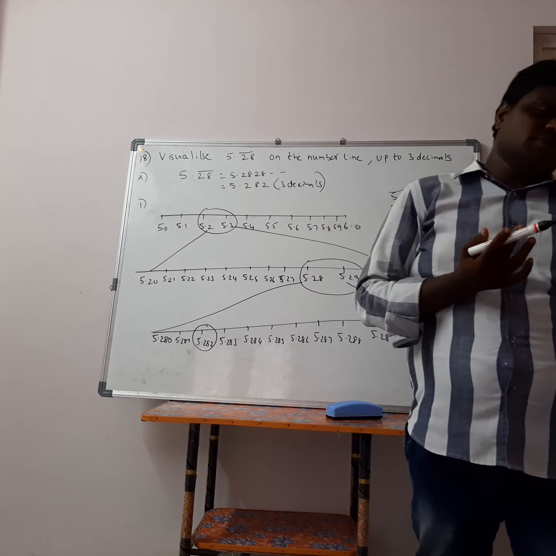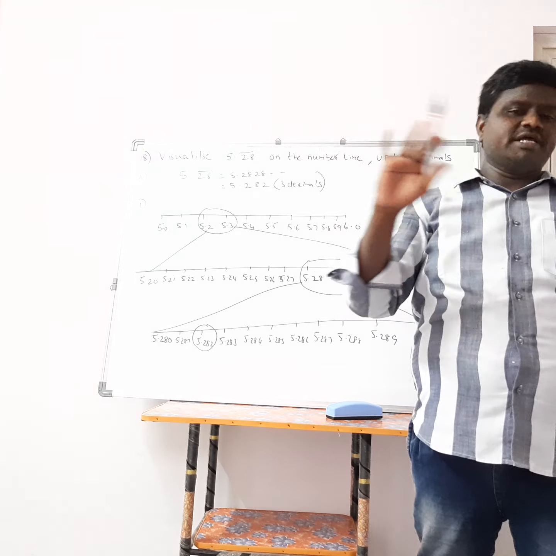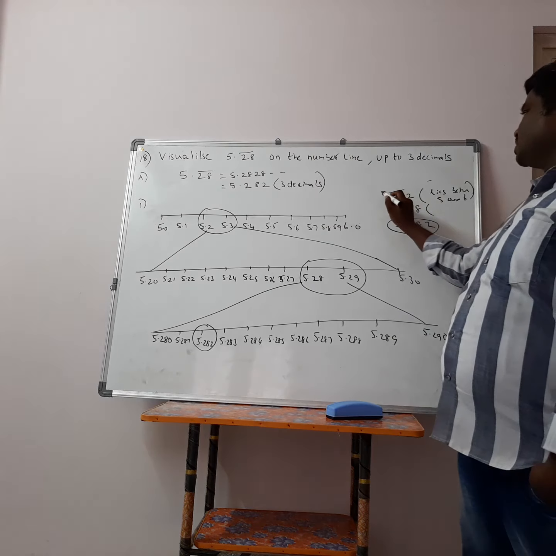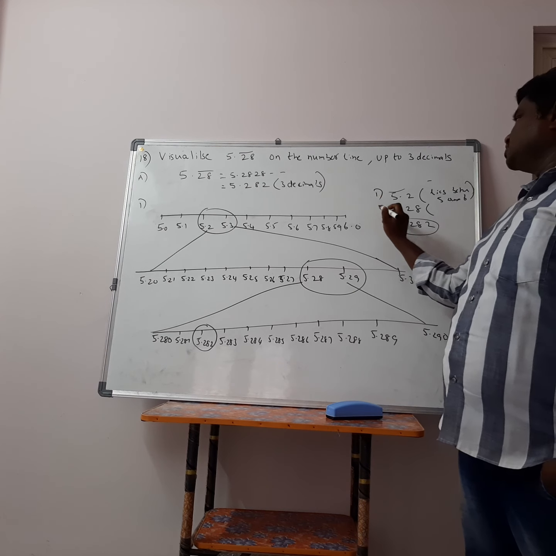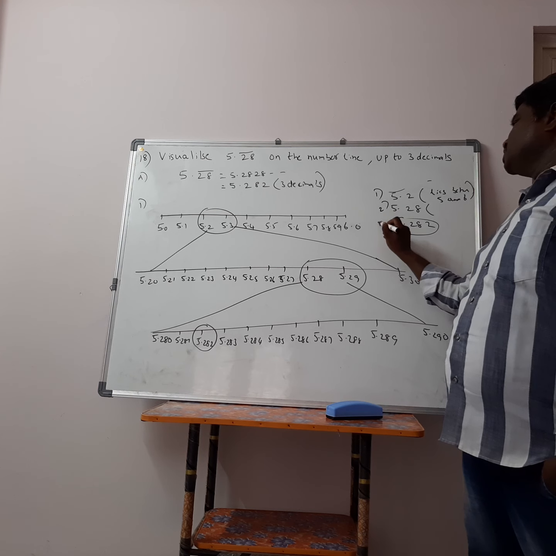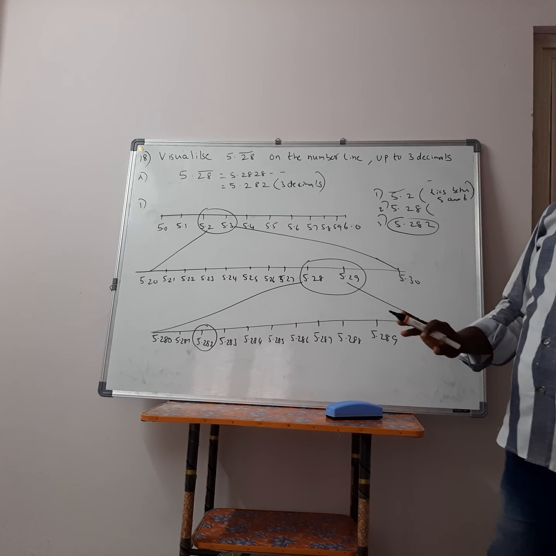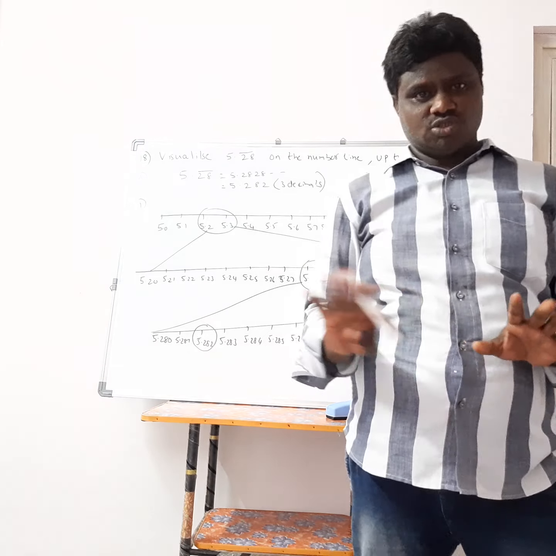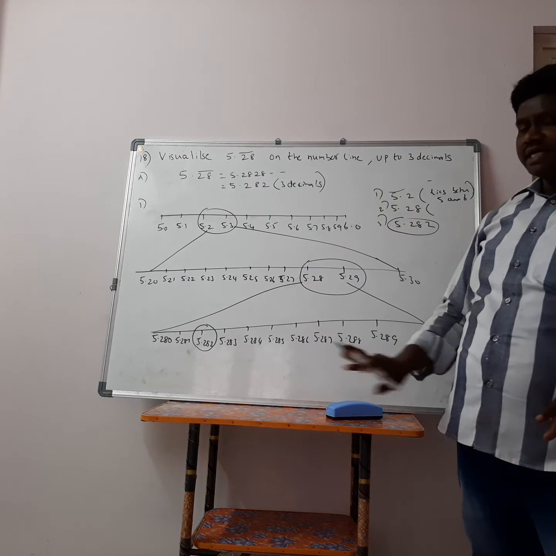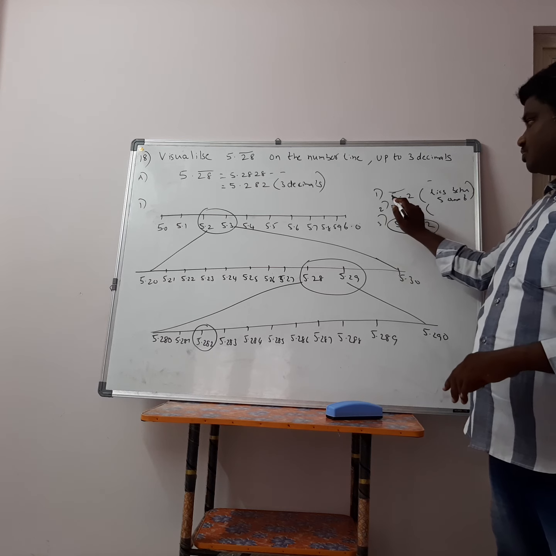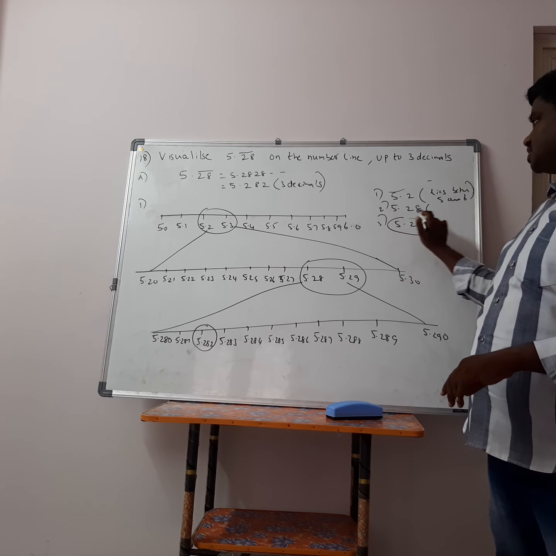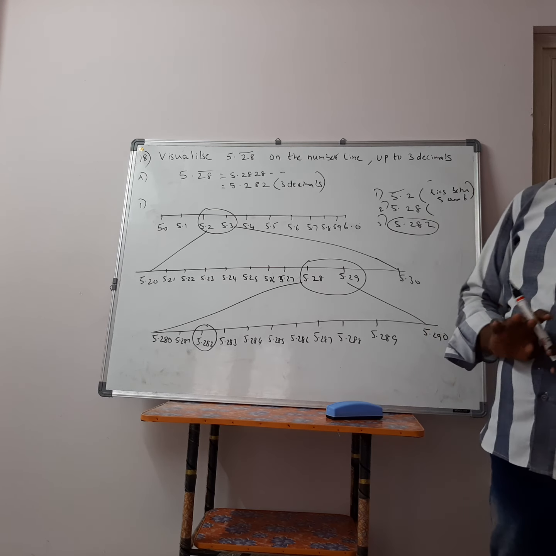You know how to represent 5 on the number line, so no need to write 5 directly. The first number is 5.2, next 5.28, third 5.282. So totally you will get 3 steps. First step 5.2, second step 5.28, last step 5.282.